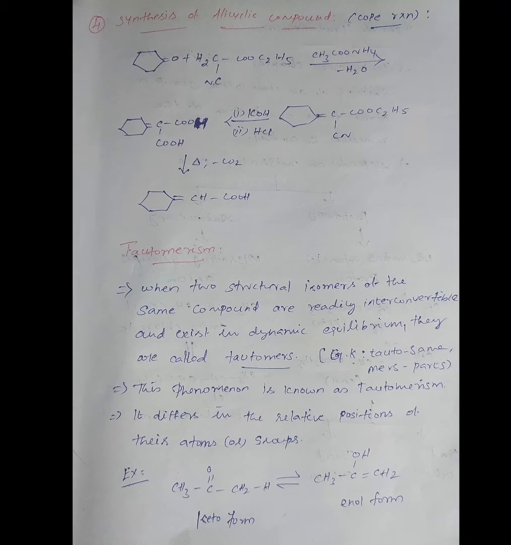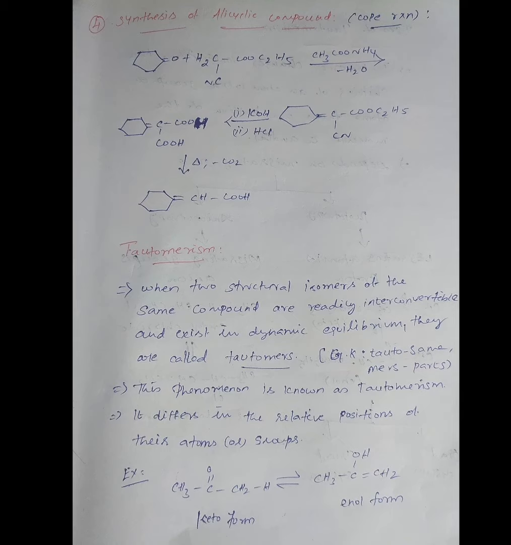For example, acetone. This is the keto form. In acetone, one of the carbon-hydrogen bonds is shifted to carbon to form a carbon double bond, and the carbonyl double bond, C double bond O, is shifted towards the oxygen atom. So oxygen gets a negative charge, and the proton is added to oxygen. So this is converted to the enol form. What is dynamic equilibrium?